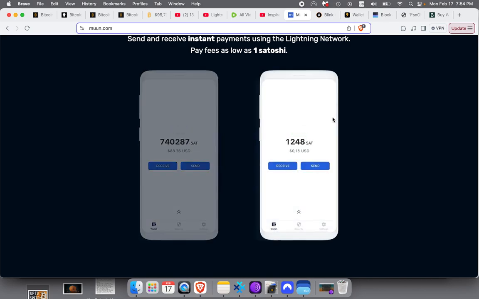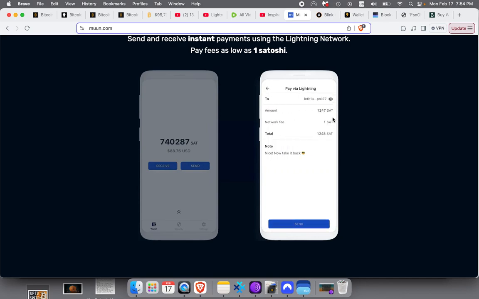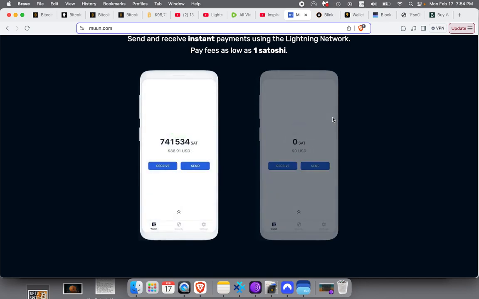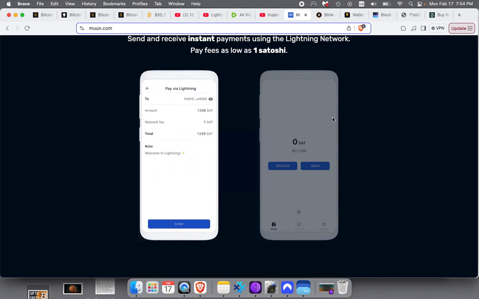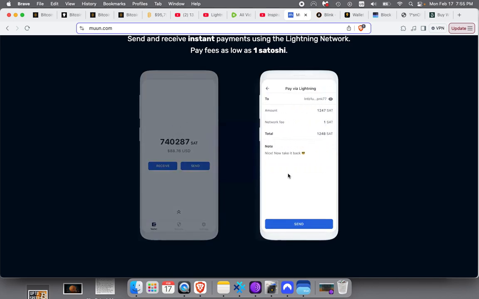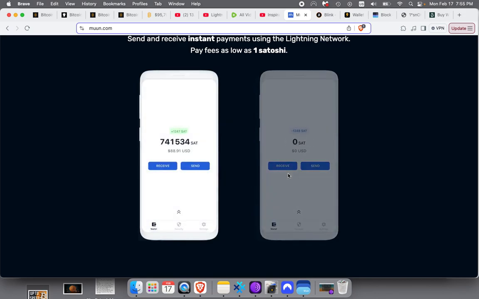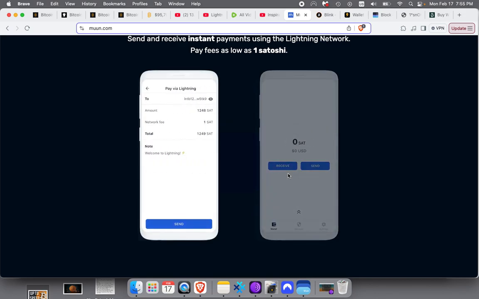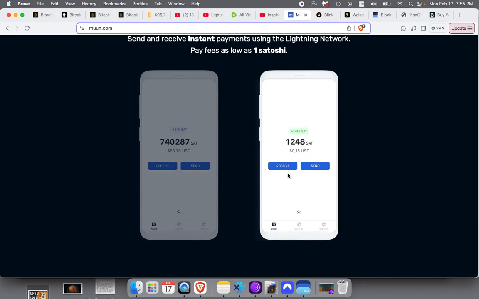You don't need to set up Lightning channels, you don't have to have a node, you don't have to have any of that. You just download the app and then send some Bitcoin to it. Yes, you may want to send a big chunk of Bitcoin on the base layer, let's say $500 or $1,000.